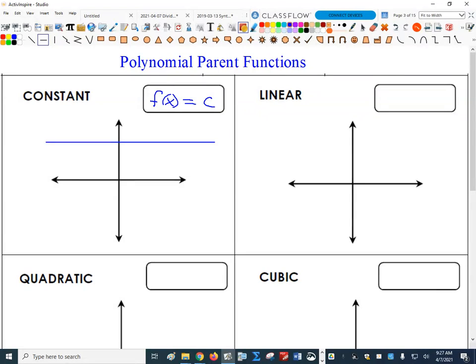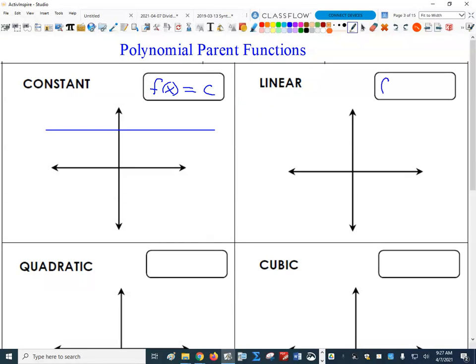Okay. All right, what about linear? The most basic linear function would be what? F of x equals, think back, I think we did this one a long time ago. Just x would be the most basic, and mx plus b would be our basic all-encompassing, standard form kind of, right? We call it slope intercept.